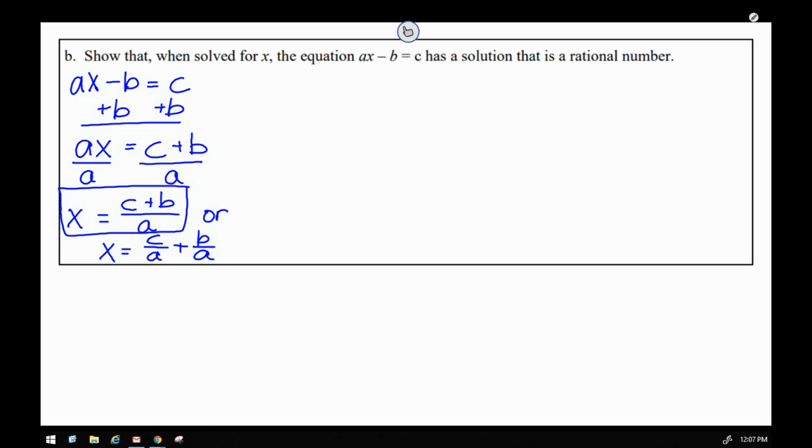So, you would think that's what this question is asking, right? That's what I thought first, was that all I had to do was solve it. But this part of the free response is actually worth 3 points. Okay? So it says, show that when solved, it has a solution that is a rational number. Well, we haven't said anything about rational numbers. What is a rational number?